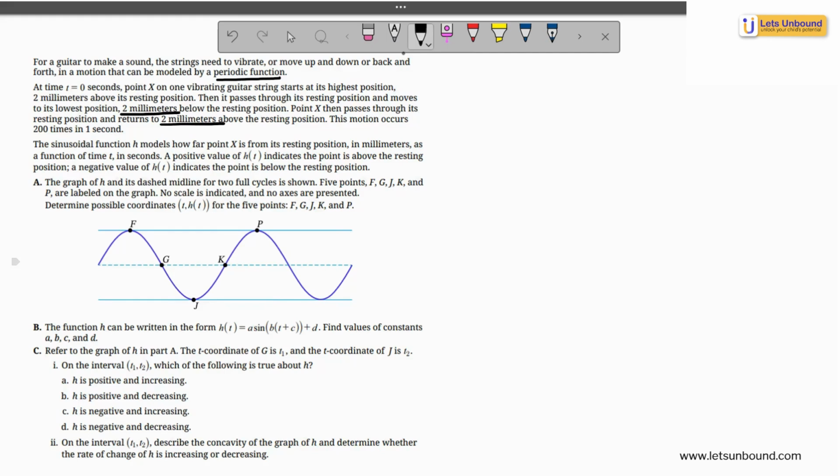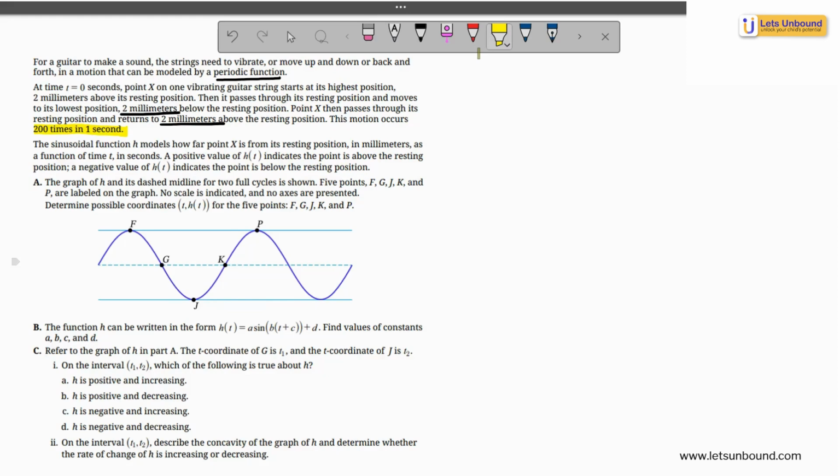This motion occurs 200 times in 1 second. So in 1 second, point X on the vibrating guitar string makes 200 periods, or 200 rotations.